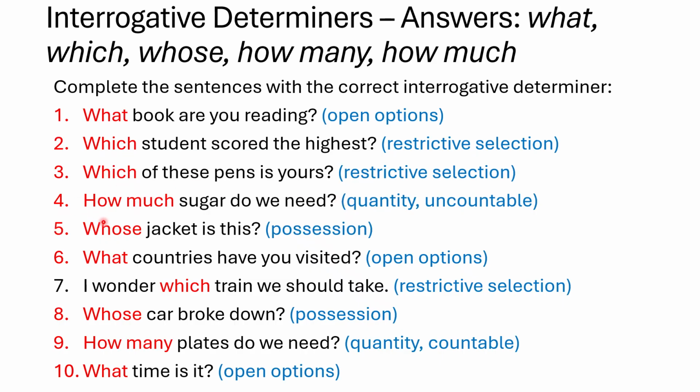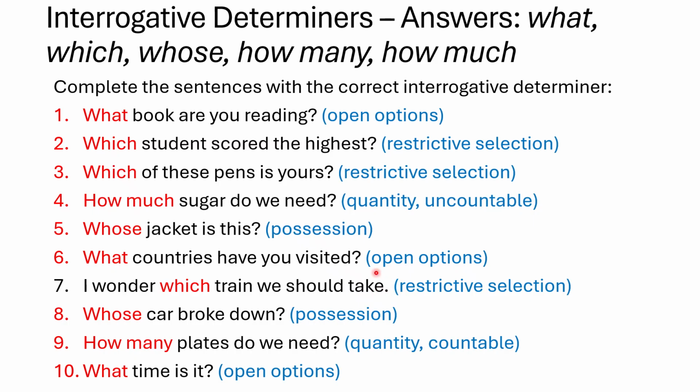5. Whose jacket is this? You should have written whose. 6. What countries have you visited? You should have written what. 7. I wonder which train we should take.